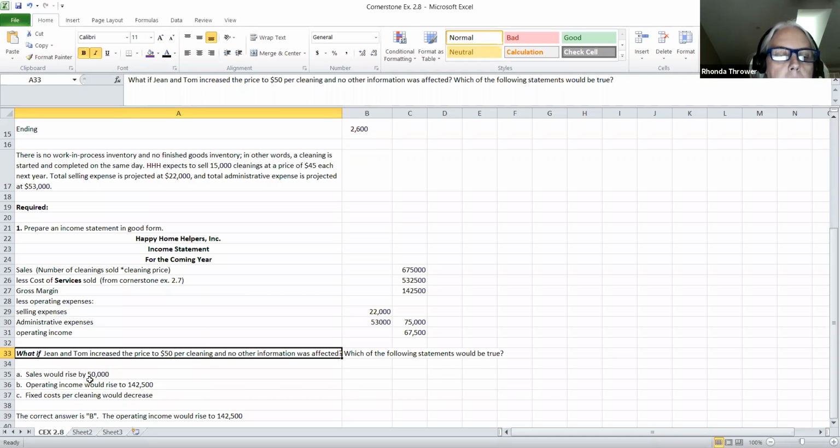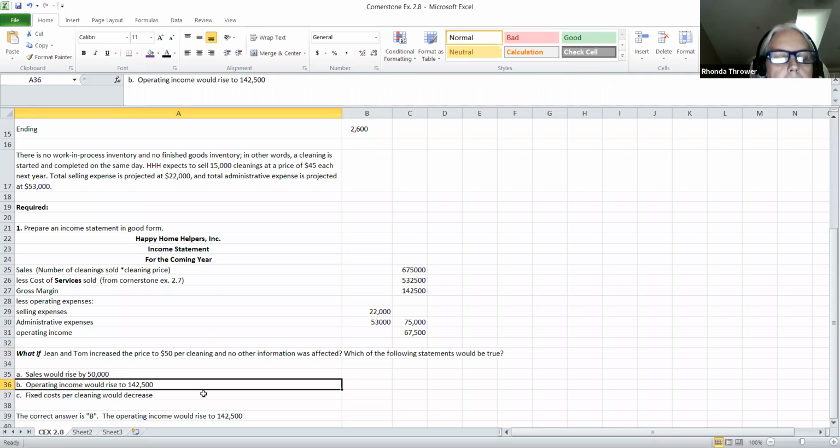Would sales rise by 50,000? Or would operating income rise by 142,500? Or would fixed cost per cleaning decrease? The best answer is operating income would rise to 142,500 because your selling price increased, your total sales would have increased.